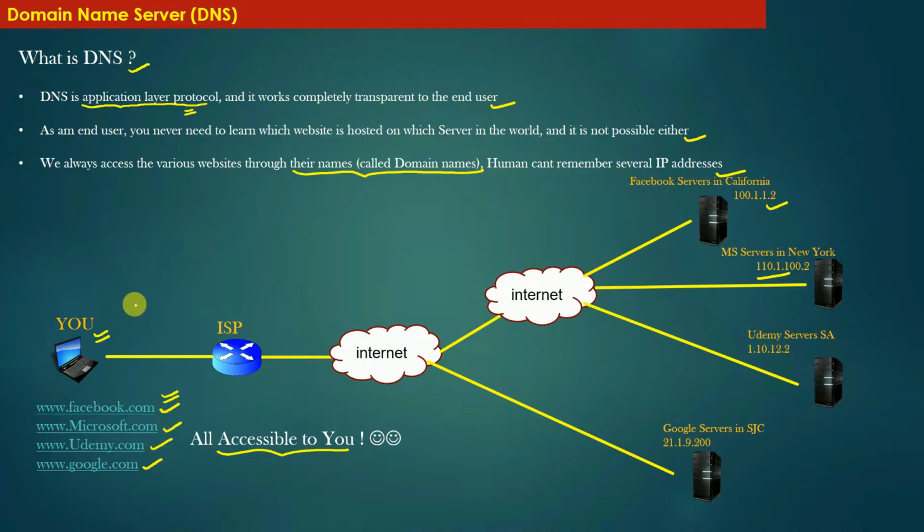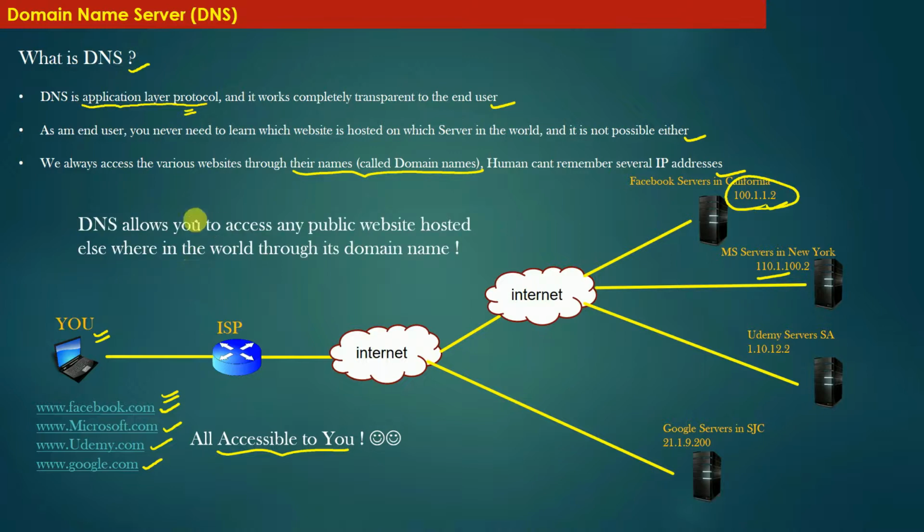So again, the same question arises: how is your machine able to find the IP address of the server on which the website is hosted? DNS allows you to access any public website hosted elsewhere in the world through its domain name. You don't have to configure your system to tell it that if you want to access the website xyz.com, then go to the ABC IP address. You never configure your system to have this knowledge.